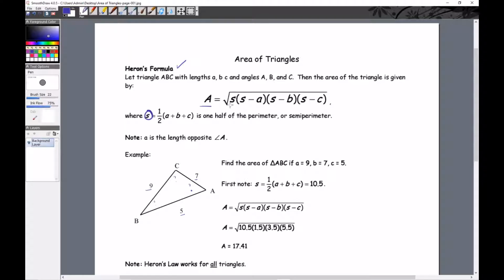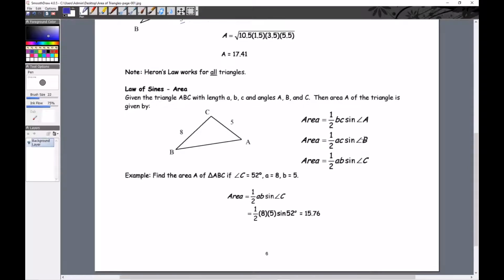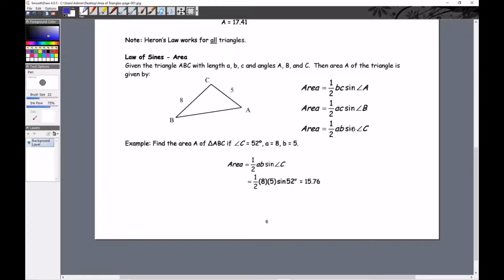It's the square root of s, times s minus the length of side A, times s minus the length of side B, times s minus the length of side C, and then take the square root of it, and you're good to go. So if you have a triangle that only has information about sides, you're going to want to use Heron's formula.